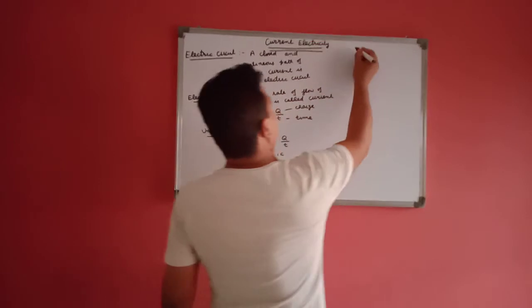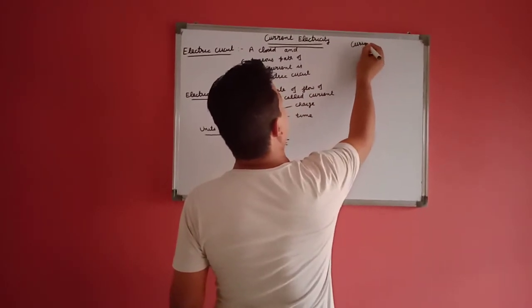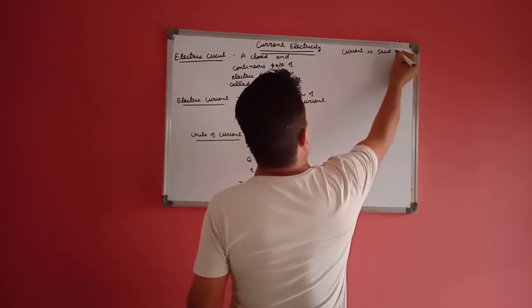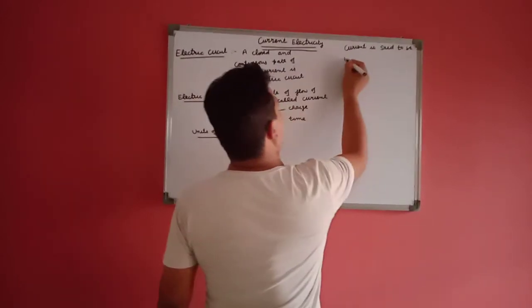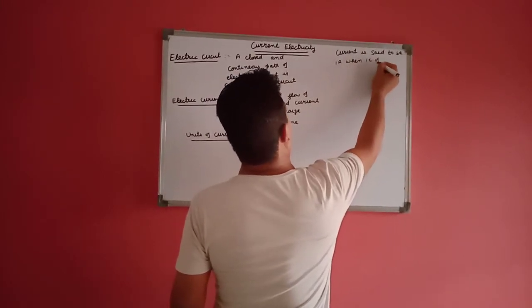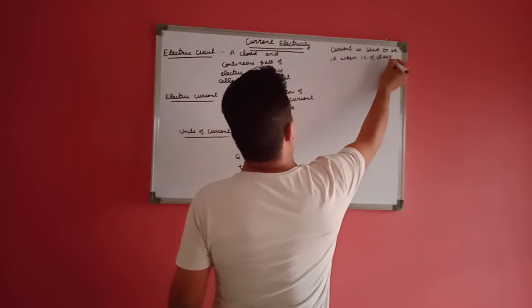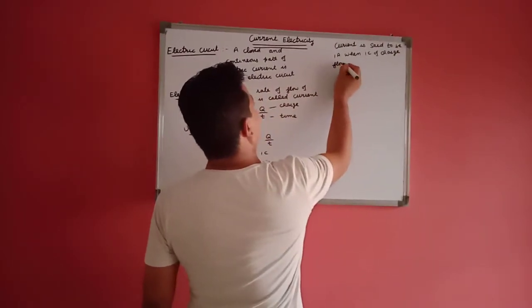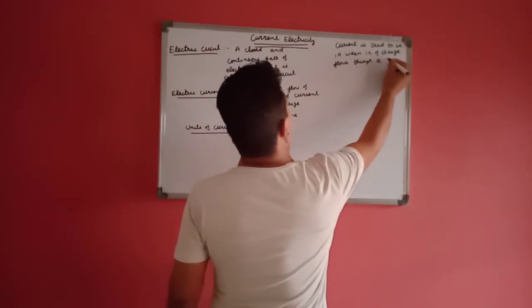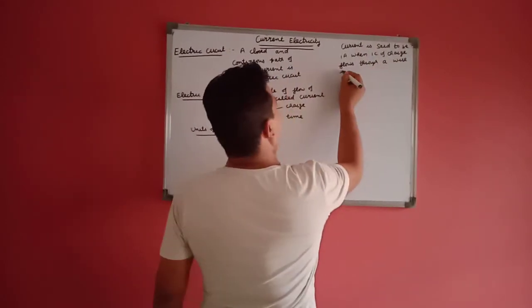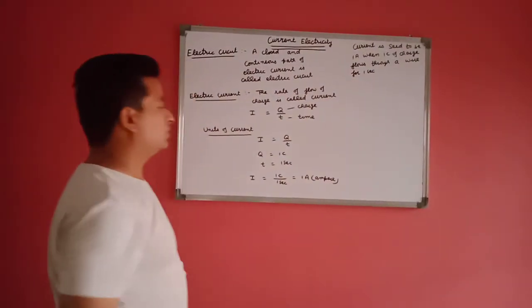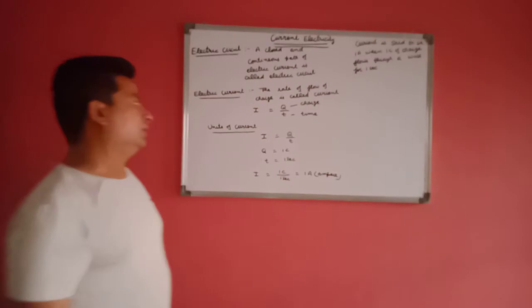This means current is said to be 1 ampere when 1 coulomb of charge flows through a wire for 1 second. This is the definition of 1 ampere.